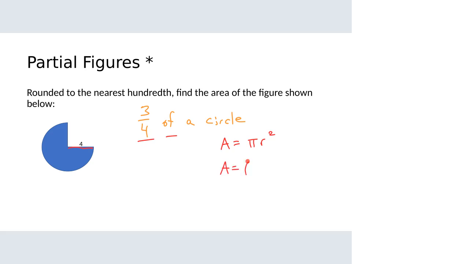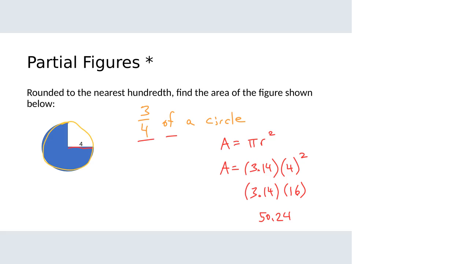So the area is pi times the radius squared. So that's 3.14 times 16. 3.14 times 16 is 50.24. So if I had an entire circle here, the area would be 50.24.